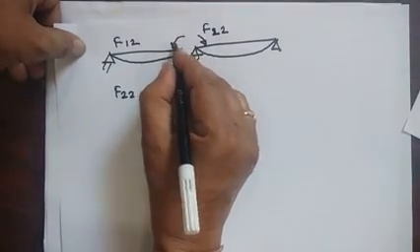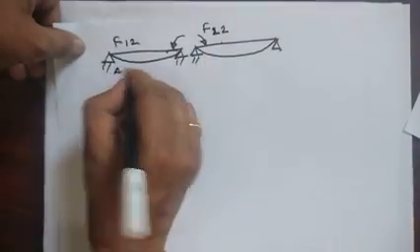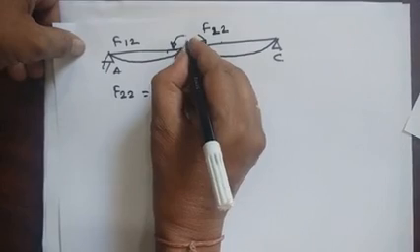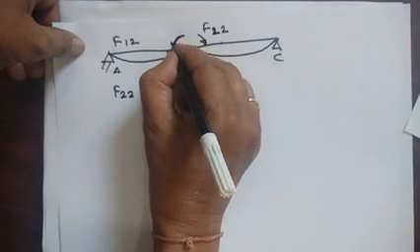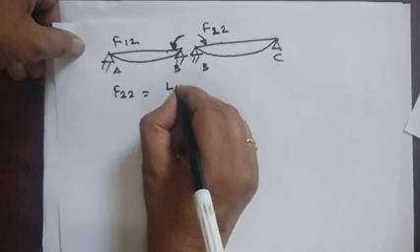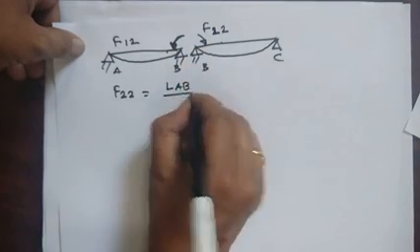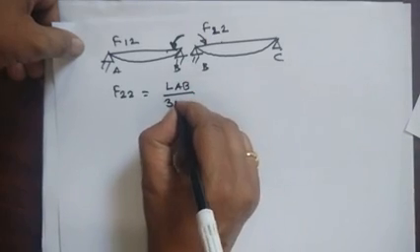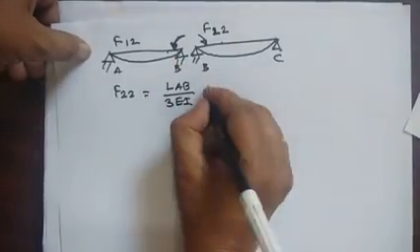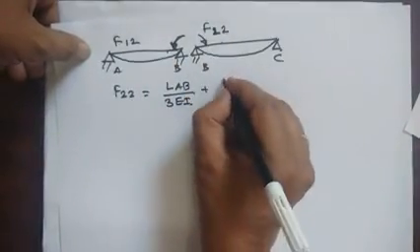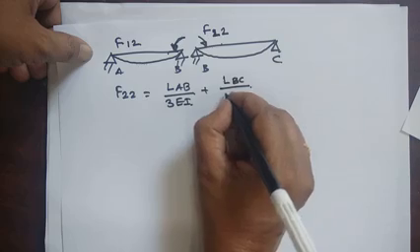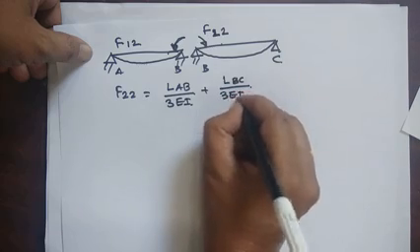In this span is AB, and this span is BC. So here we are applying the rotation at 2. So that is LAB divided by 3EI for the beam AB, and plus for this beam is LBC divided by 3EI.